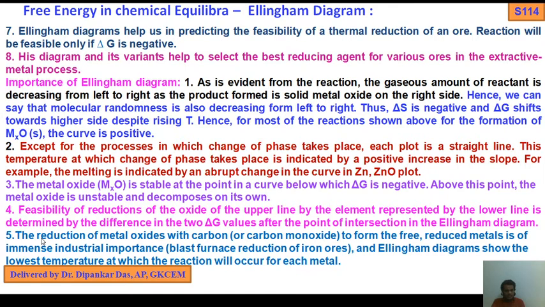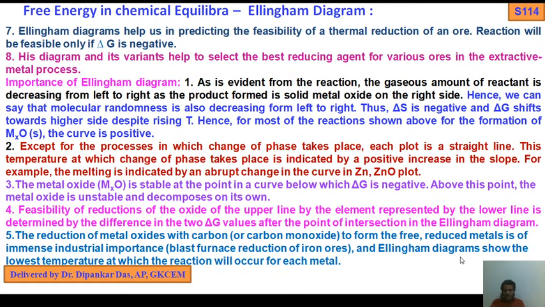Number 5: the reduction of metal oxides with carbon or carbon monoxide to form the free reduced metals is of immense industrial importance, like blast furnace reduction of iron ore.